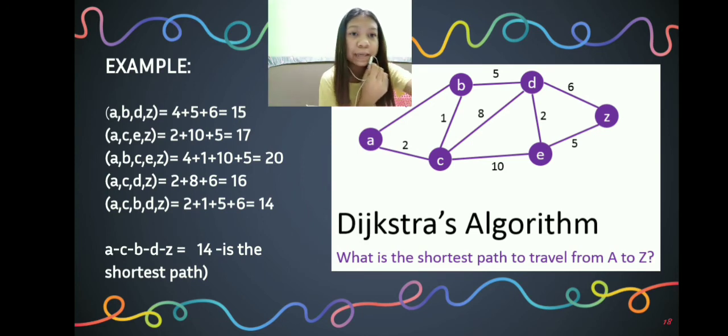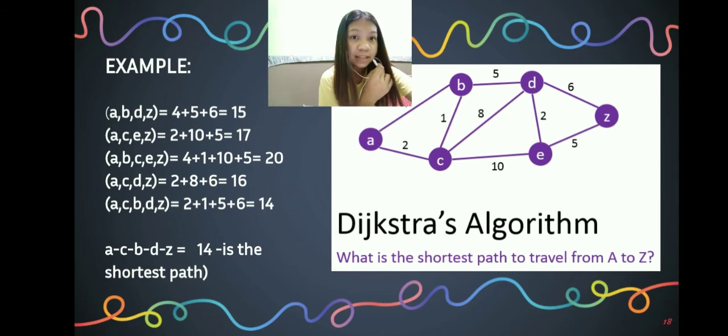As you can see, the edge from vertex A to C is 2. Then C to B is 1. Then B to D is 5. And then D to Z is 6.